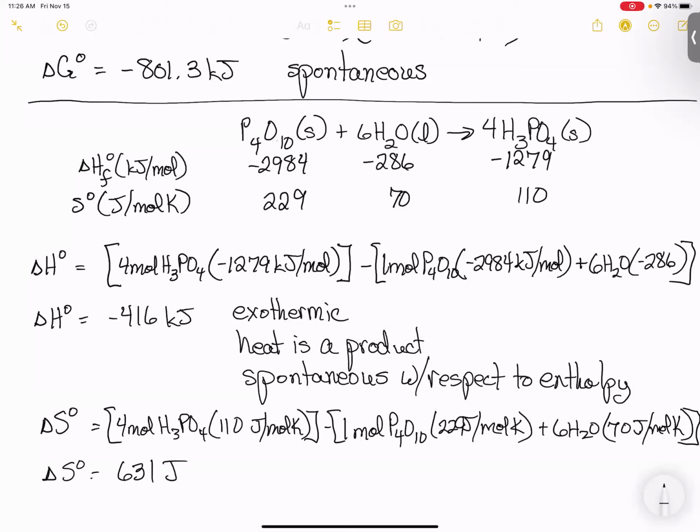Let me double check that. Excuse me, that is incorrect. It didn't feel right. That's a negative 209 joules per Kelvin. So again, this is non-spontaneous.